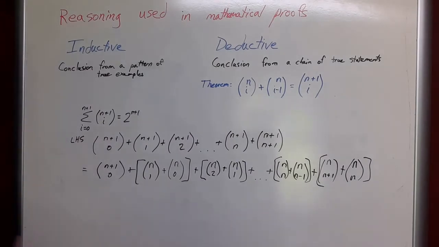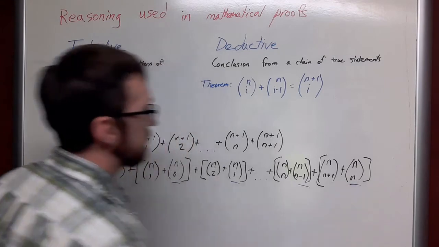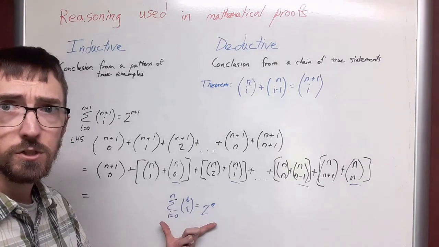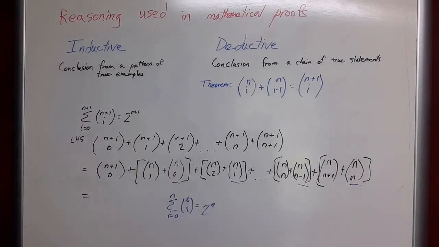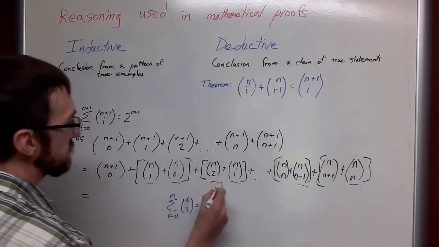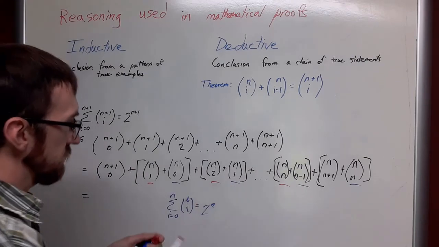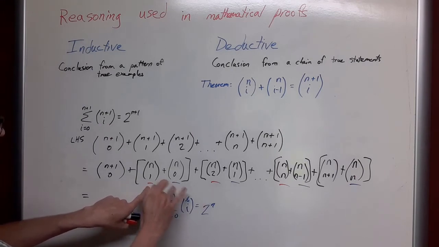Now I want to look for a pattern. One thing I want to recognize is that I have a sequence in here, and this sequence is counting from 0 to n. This was what we had assumed was true, so we have that term hidden in here. We also have another sequence, which is very much like the first one, only we are missing the first term where we have a 0.